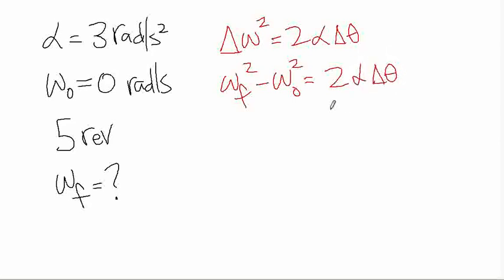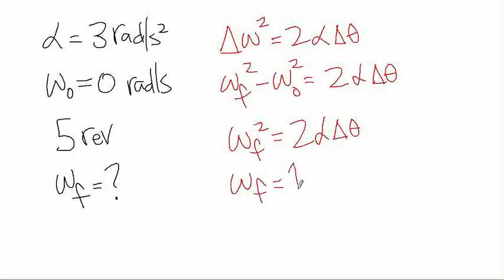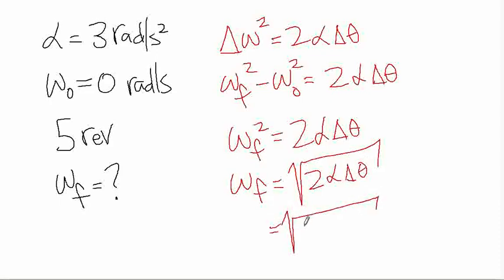And omega naught is 0, so the square of the final angular velocity is 2 alpha delta theta, the product of 2 alpha and delta theta. So omega final is the square root of 2 times alpha times delta theta, which is 2 times 3.